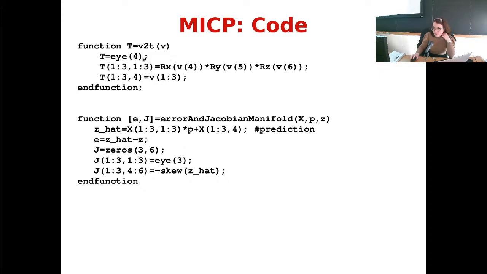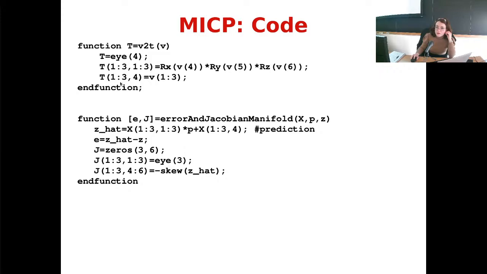Here you can see the vector to transform function, where you can recognize that we are multiplying Rx, Ry, and Rz to obtain the R matrix, the R without any specification.